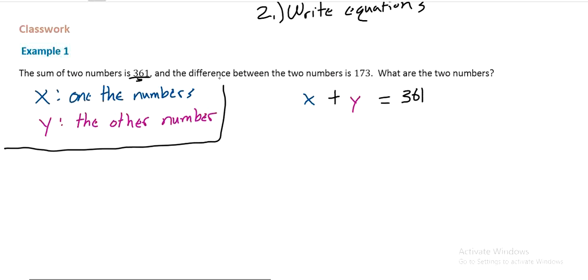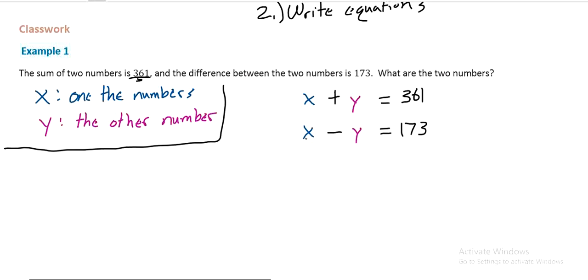Then, similar but not the same, it says the difference between the two numbers is 173. So I'm going to put an equal sign. Difference means subtraction. The difference is between the two numbers, so we'll put x minus y equals 173. Something that might pop up in your head is that with subtraction, the order matters.